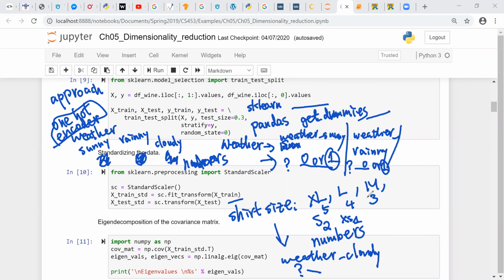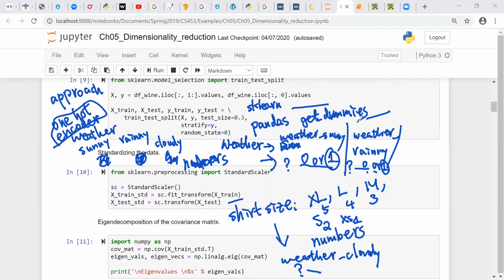Only one of these 3 can be true. You can have multiple zeros, but not multiple ones. So this is the data pre-processing cleaning for nominal data. We can apply this.